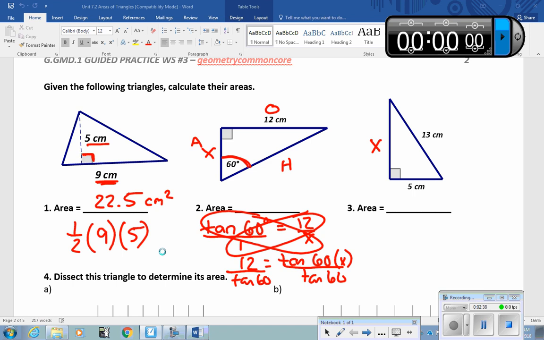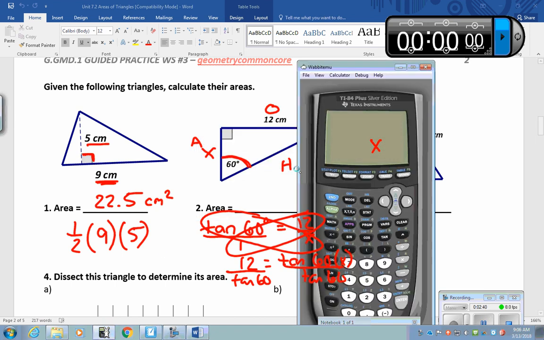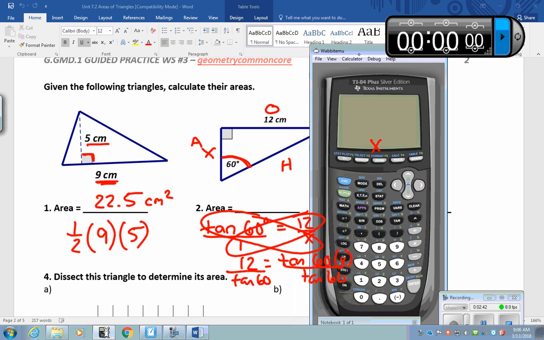So I'm going to pull up my calculator right now, and I'm going to put that into the calculator. I'm going to check first to make sure I'm in degree mode. So I got 12 divided by the tangent of 60. So that ends up giving me, and we'll round this to the nearest tenth, 6.9.